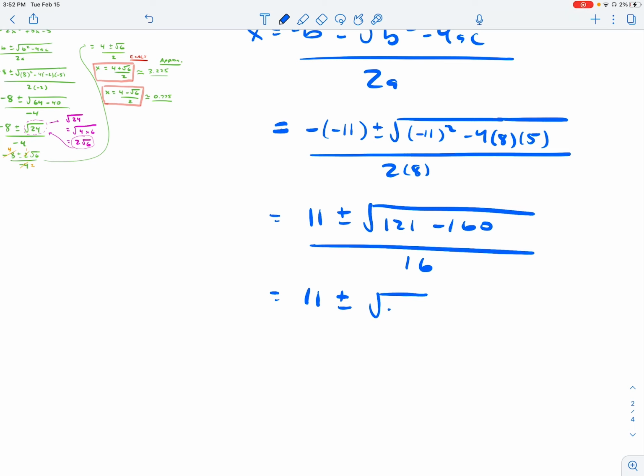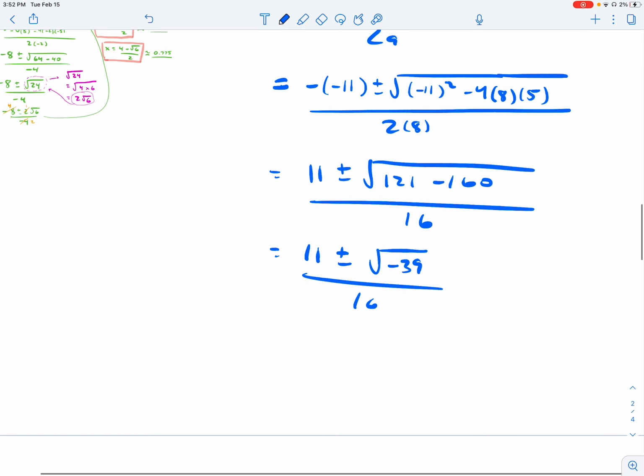We cannot take the square root of a negative number. It's kind of nice, we get to stop here. We can only take the square root of positive numbers, so we can say no real solution exists.